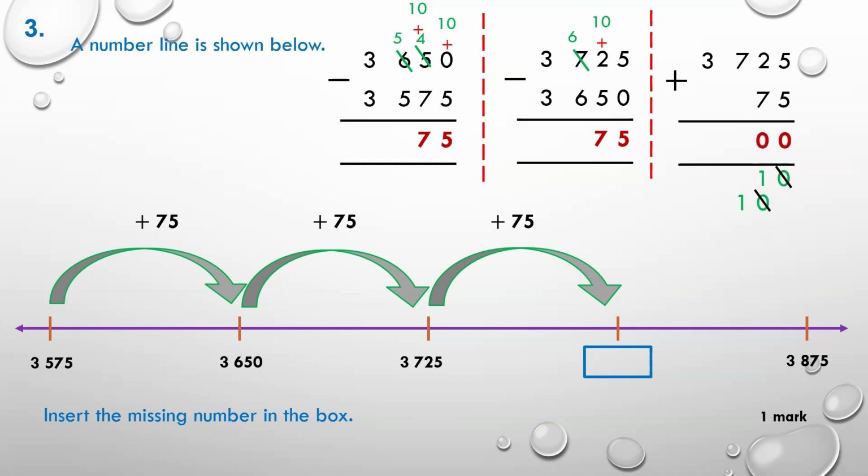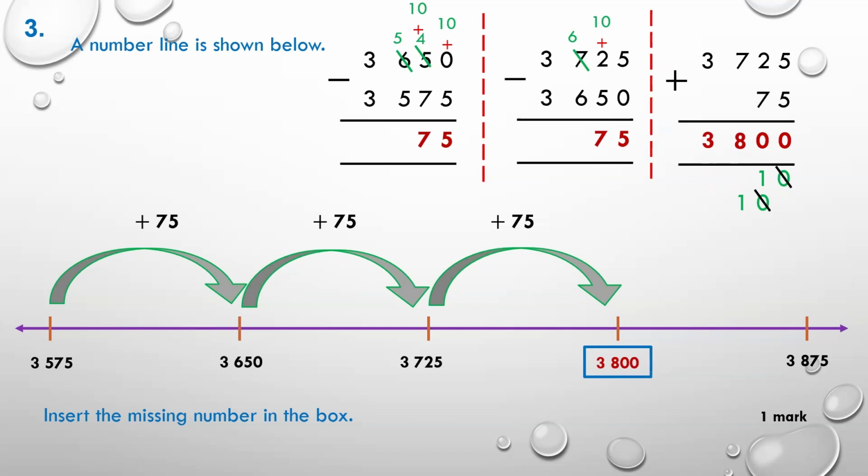And those 10 tens give us 100. We have 100, and up above we have 700s. So 700s and 100 is 800, and we have just 3,000. So that tells us 3,800 goes into the box. And the question is finished.